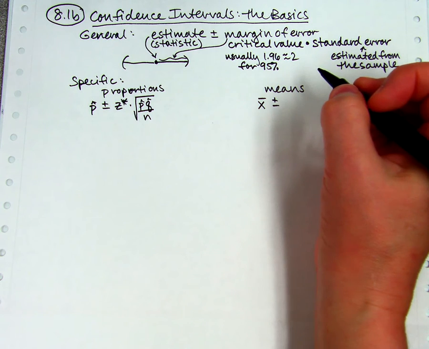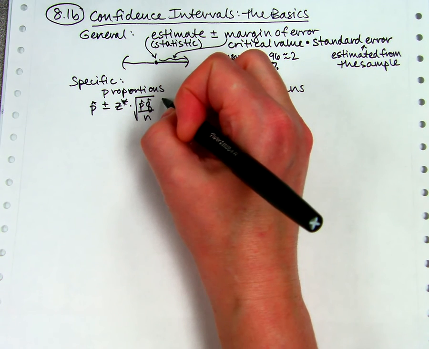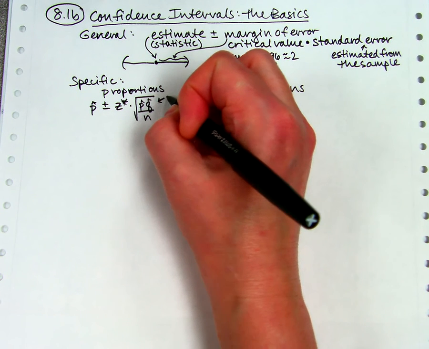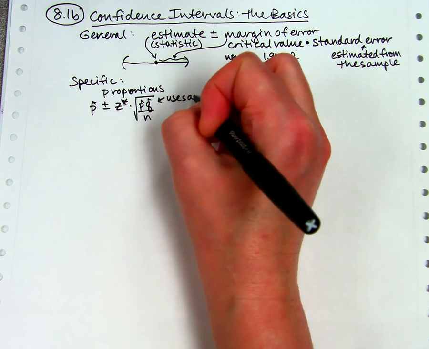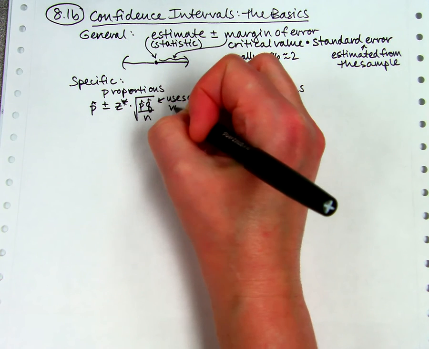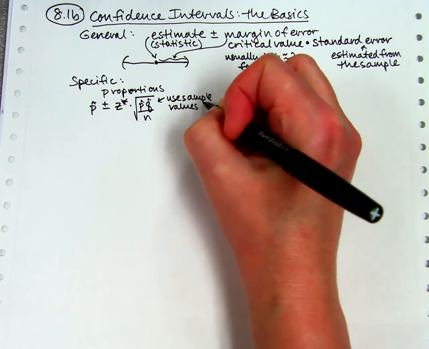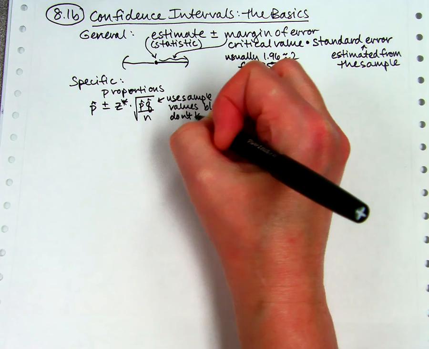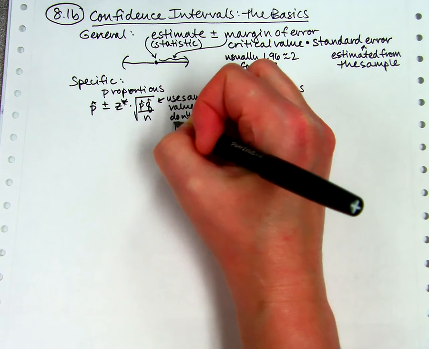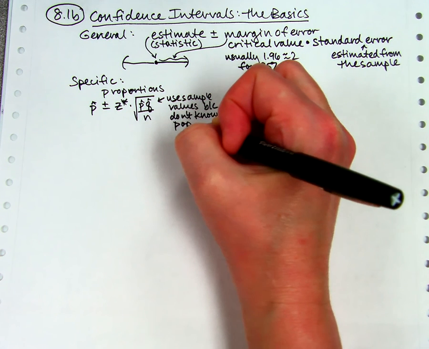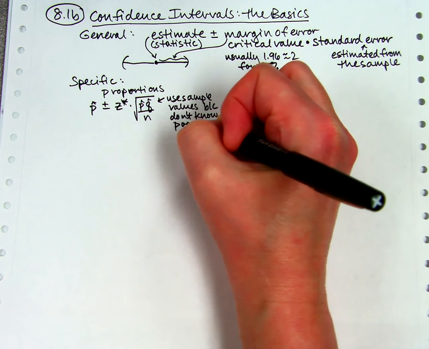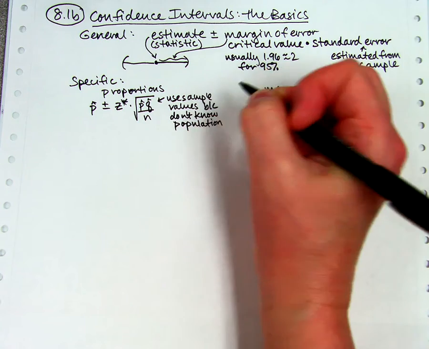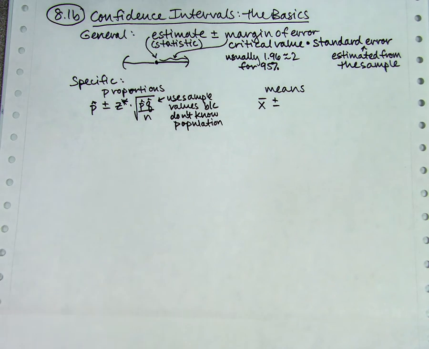We're using the sample values because we don't know the population values. We don't know p, which is the population proportion. If we knew p, we wouldn't need to make a confidence interval. So it's kind of ironic, really.